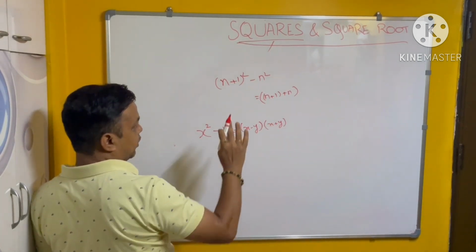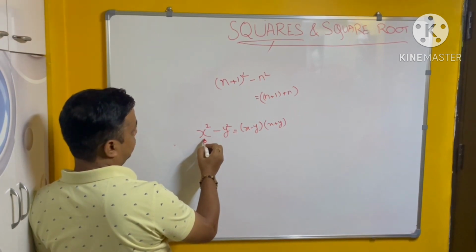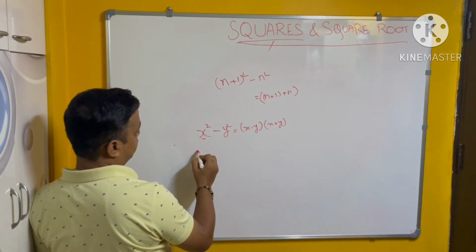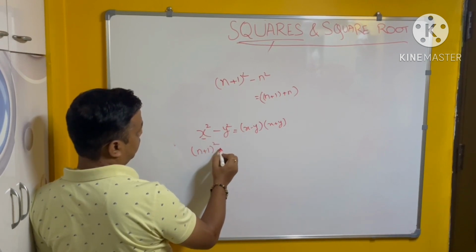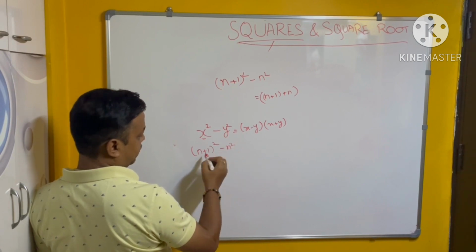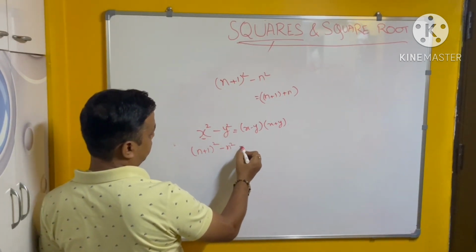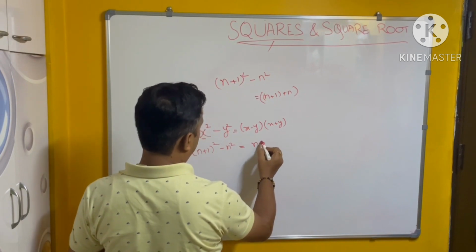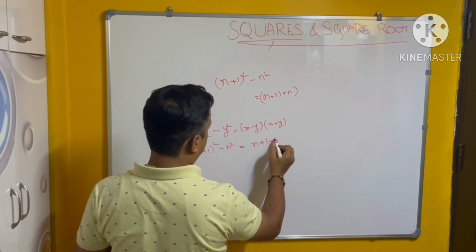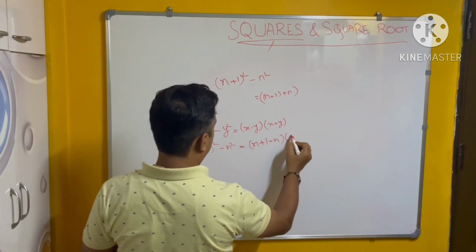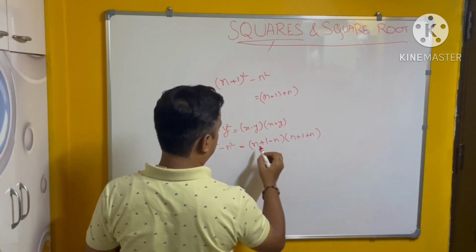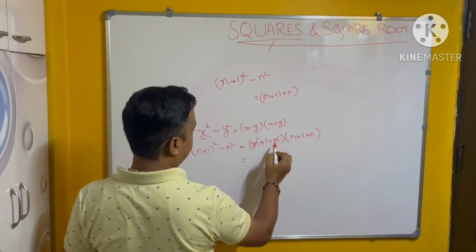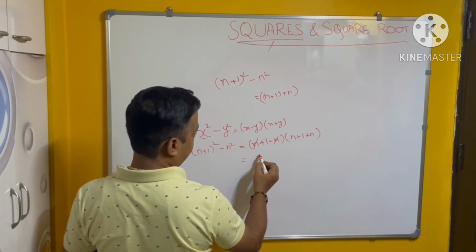In our case, x is n plus 1 whole square minus n square, and y is n. Now if we say n plus 1 minus n, n and n cancel, only 1 is there.